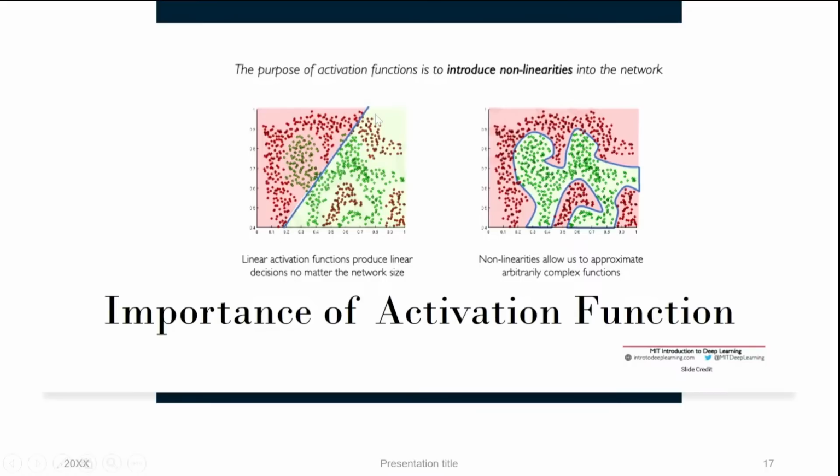In the real world we may find a data set like this, with two attributes, maybe x1 and x2. We cannot draw a single line which can distinguish between these red and blue points. We need a non-linear line like this. So for doing classifications like this, or for bringing non-linearity to our model, we need activation functions.